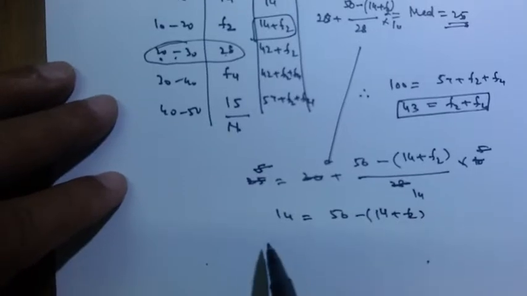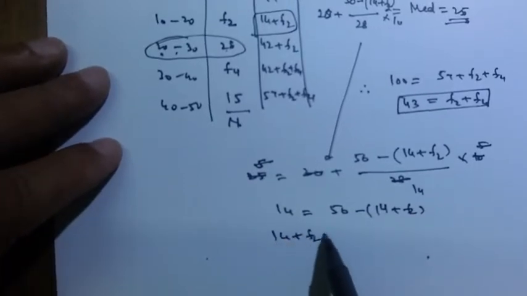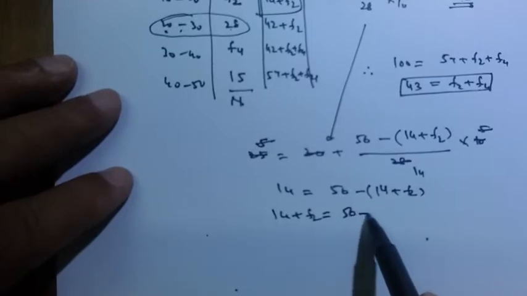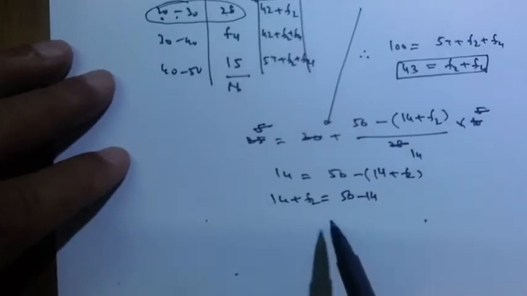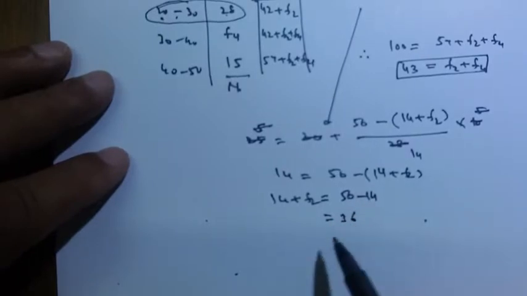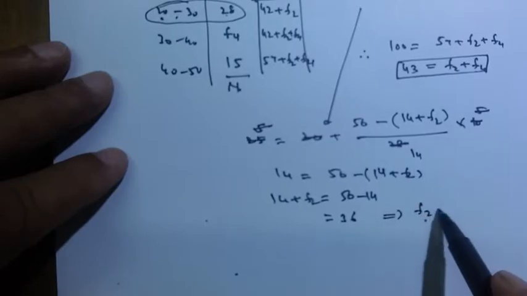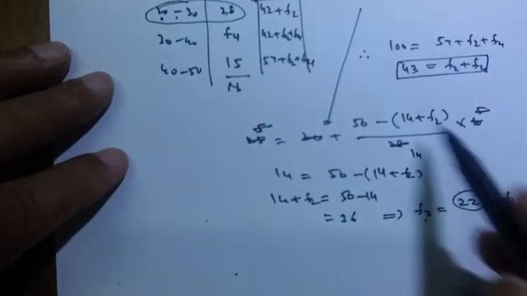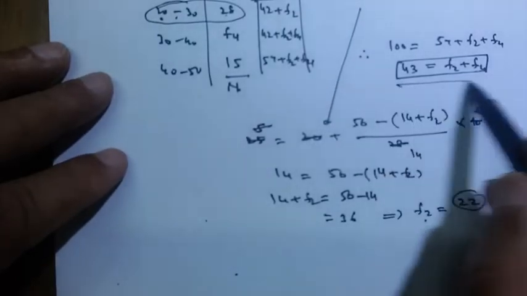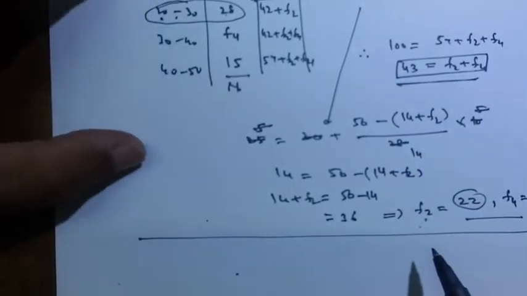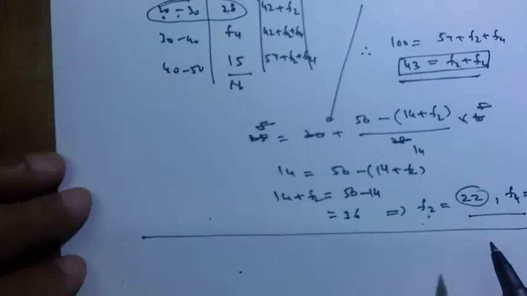So 14 plus F2 is equal to 50 minus 14, which is 36. Therefore F2 is equal to 22. When F2 is 22, F4 is immediately equal to 21 because the sum is 43. So I find the answer using this concept of how to find the median of a class.